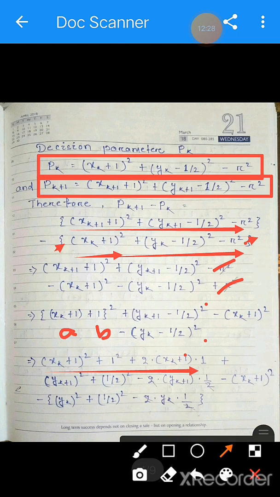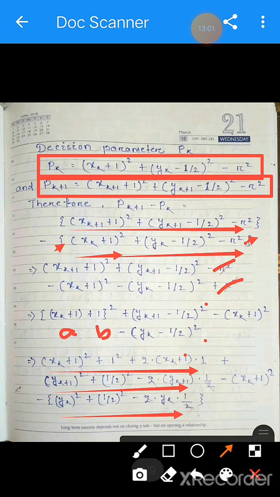This one is your a minus b whole square formula. Here we put it. After that, as usual, (xk plus 1) whole square minus (yk minus half) whole square. But here also we put the a minus b whole square formula: a means yk whole square plus b means 1 by 2 whole square minus 2 into a into b.